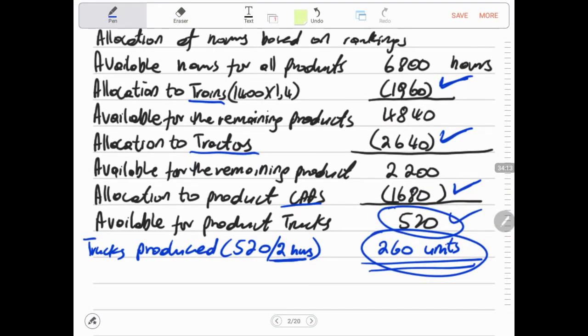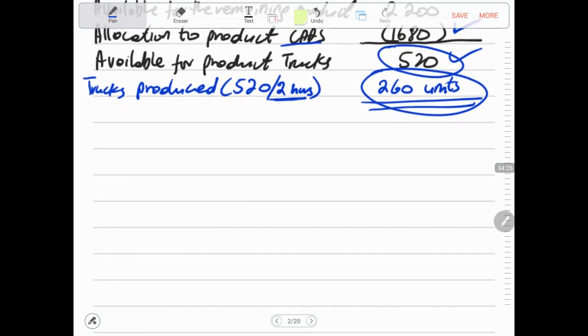Remember, our maximum profit is based on the units that the company is going to be able to manufacture, taking into consideration the limiting factor. So now the number of units that can be manufactured, then we say now under number C, maximum profit.